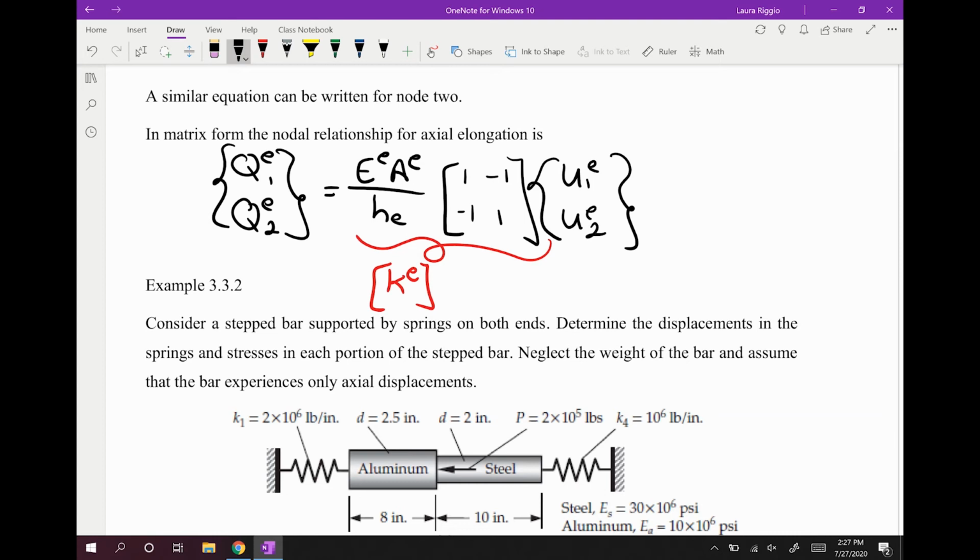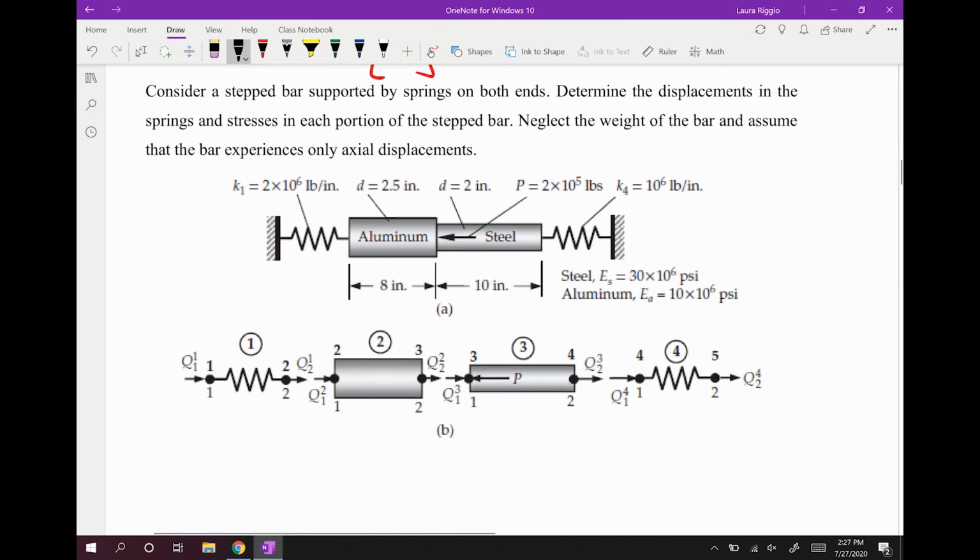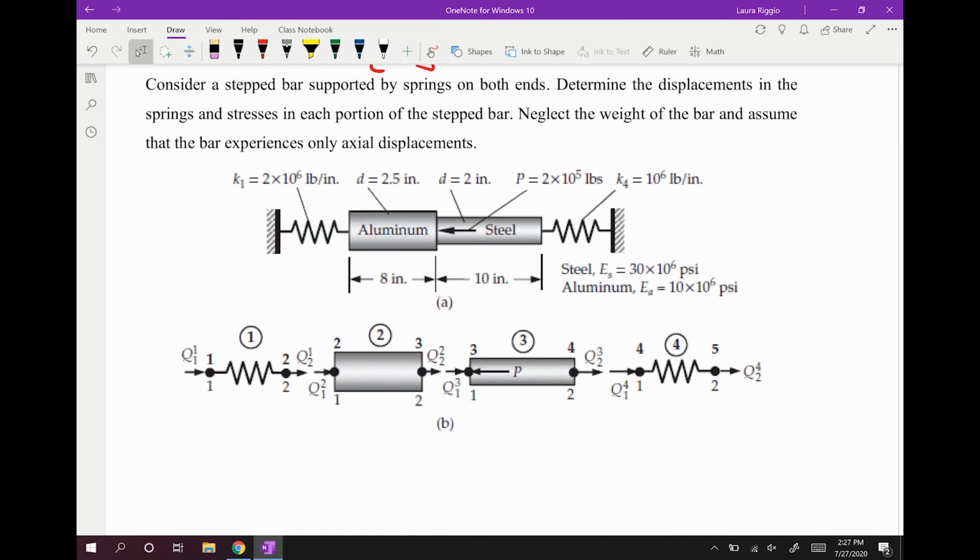So we're going to look at an example. In this example, we have a stepped bar supported by springs on both ends. We want to determine the displacements in the springs, the stresses in each portion of the stepped bar, and we want to neglect the weight of the bars and assume that the bar experiences only axial displacements.